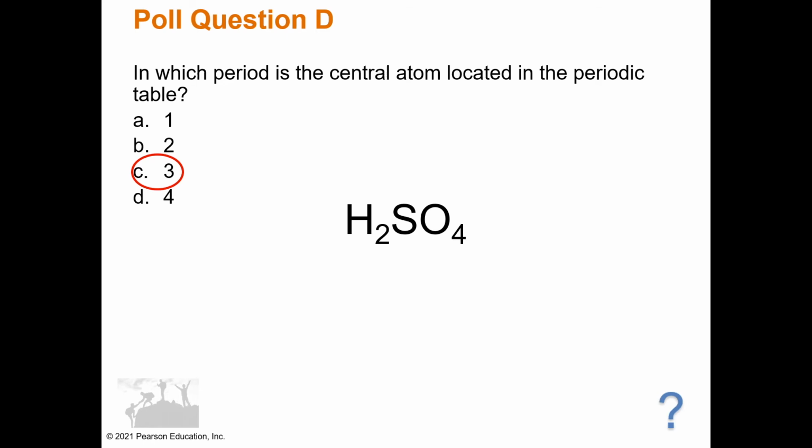And that would make sense here because sulfur is our central atom. It's the least electronegative. If we don't pay attention to hydrogen, again, that's always going to be a terminal atom. So you might see this type of question later on a quiz or on an exam. You need to know how to draw Lewis structures to answer this type of question.